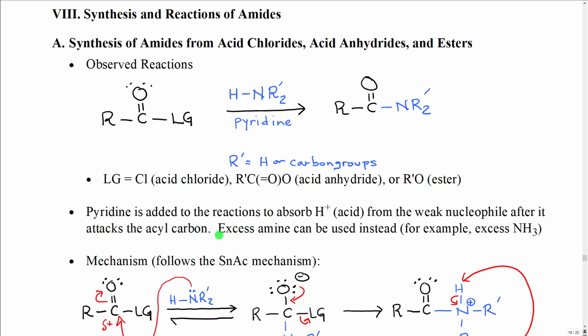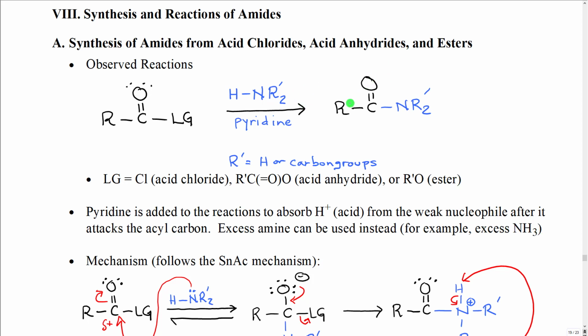And in fact, the amines themselves are bases, so we could just use a large excess of the amine instead of putting in pyridine. This is really commonly done when the amine is inexpensive and readily available. For example, if our amine is ammonia, we would just use a large excess of ammonia.